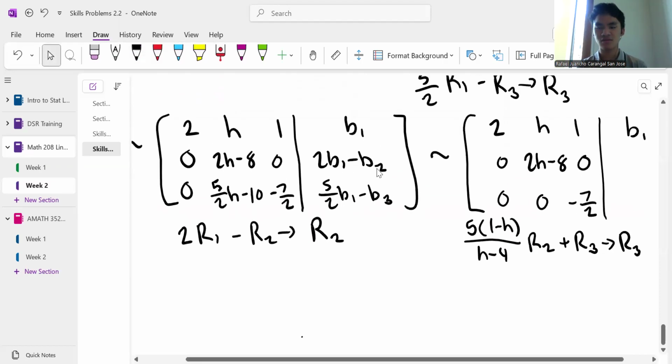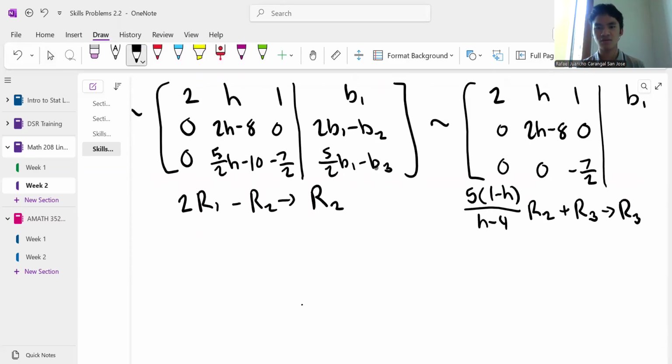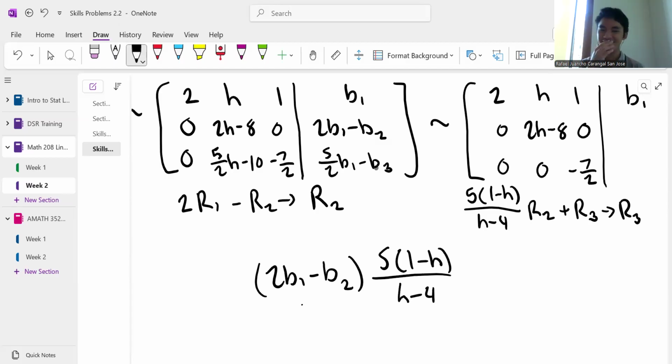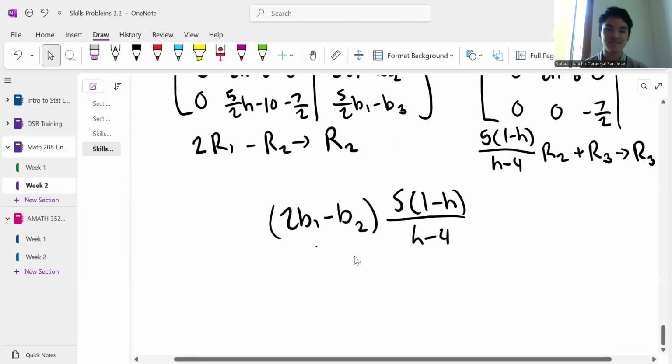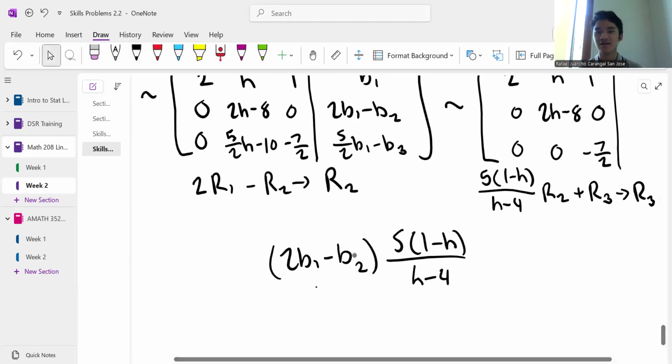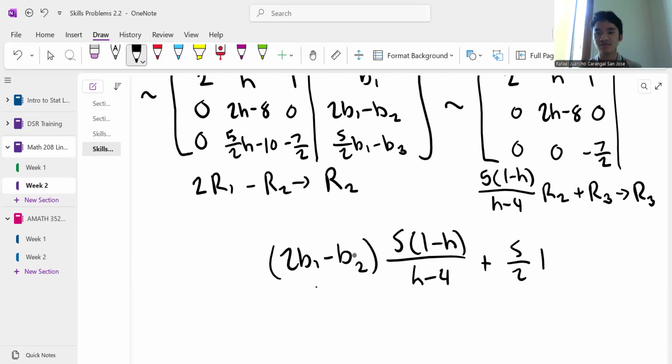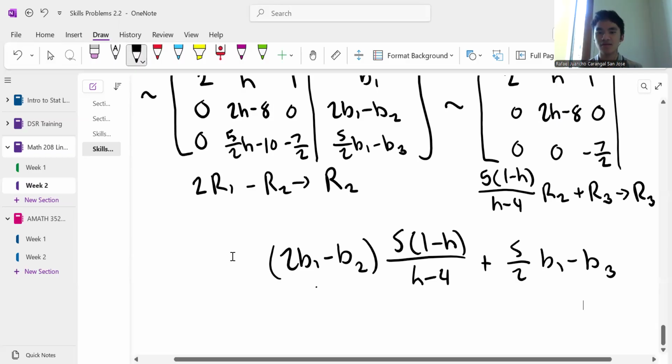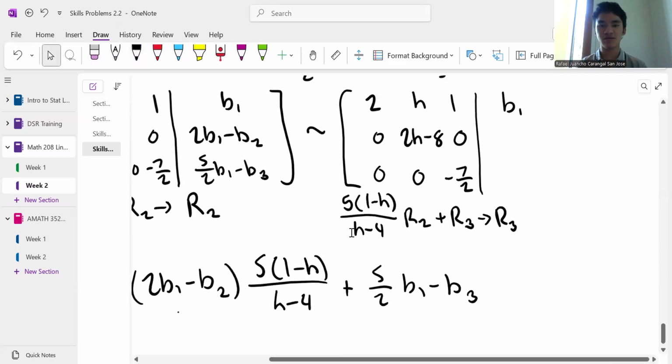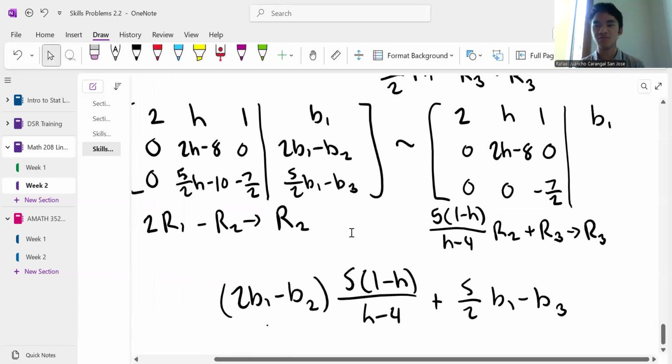And then this thing times this thing. Geez. And then I add that to this thing. Right? So that whole thing, hell no, I'm not simplifying that.